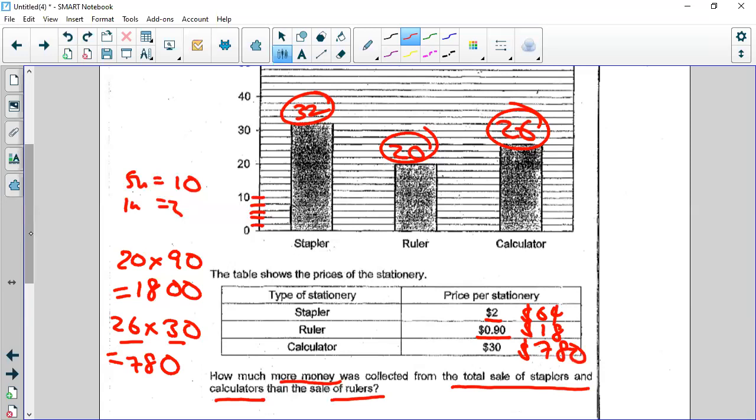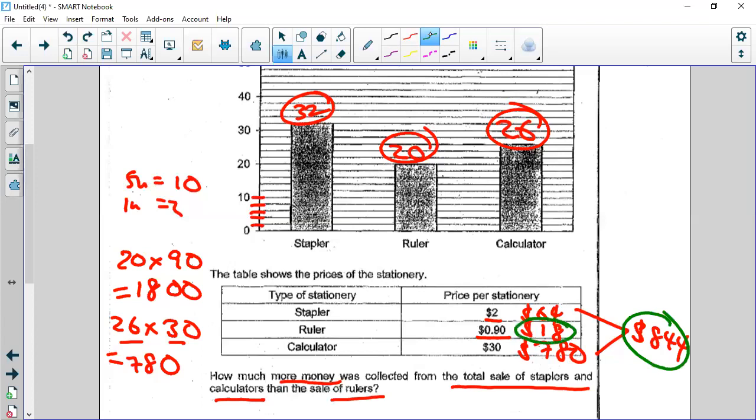So look at the staplers and the calculators, and then what do? You plus them together. So 64 plus 780, that will give you $844.